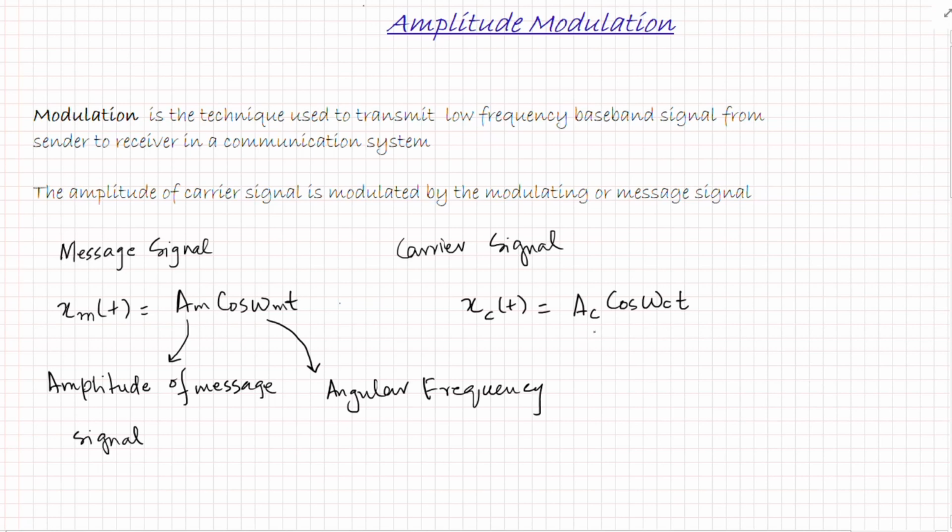Similarly, A_c is the amplitude of carrier signal and omega_c is the angular frequency of the carrier signal.